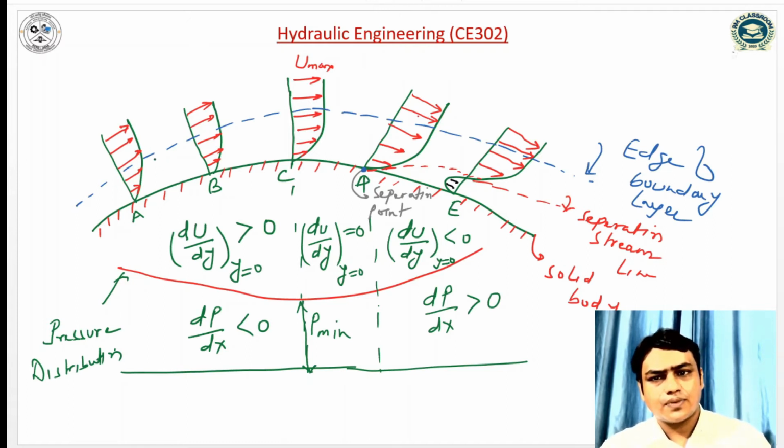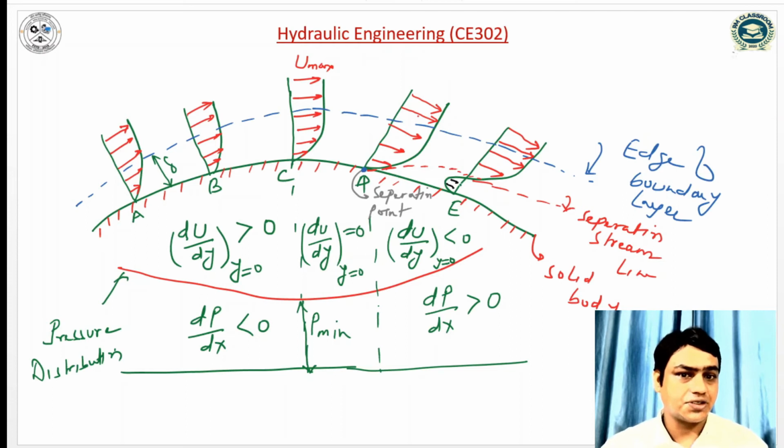So this is the boundary layer thickness, and a point comes when, due to loss of kinetic energy, our velocity does not provide sufficient kinetic energy, and due to the friction our fluid is separating from the solid body. This point we can see is the separation point, and here the fluid is separated.